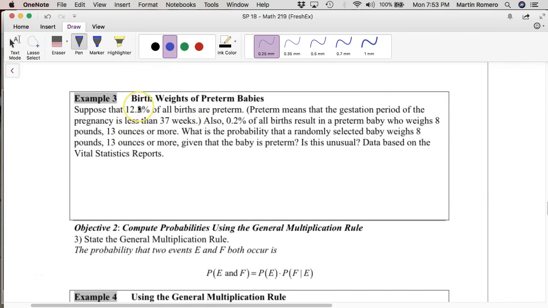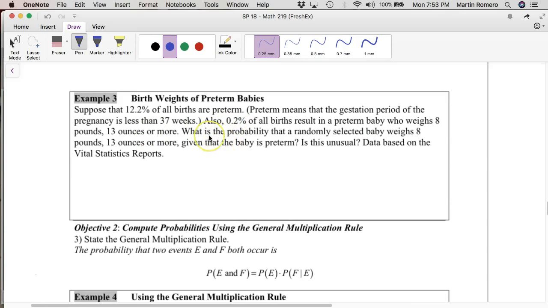Read the situation. Suppose that 12.2% of all births are preterm. This means they were born before 37 weeks. Also, we know that 0.2% of all births result in preterm babies who weigh 8 pounds, 13 ounces or more, so they're big babies, only a small percent.